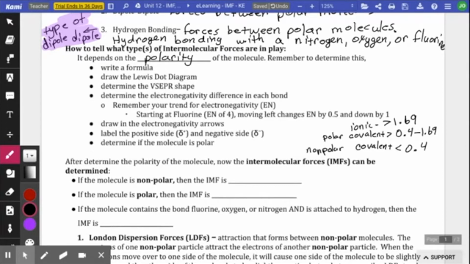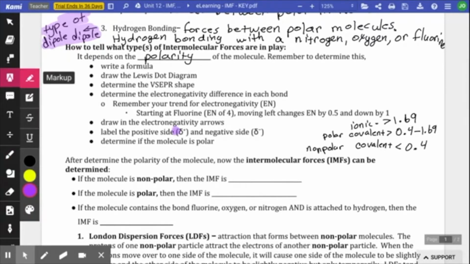All right, once you've got your arrows drawn, remember those electrons are going to be moving towards the one with higher electronegativity. It's attracting those electrons towards it. After you've drawn your arrows, then you're going to label your positive and your negative side. Here are the symbols that we use. So if it's the positive side, we're going to use that.